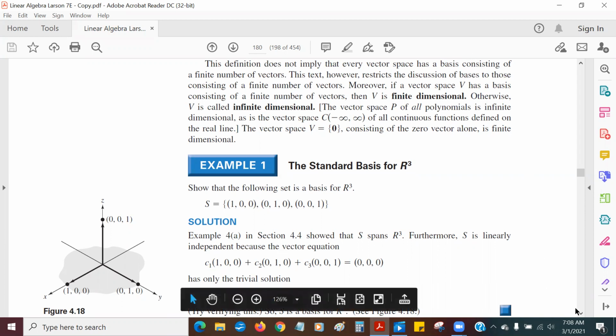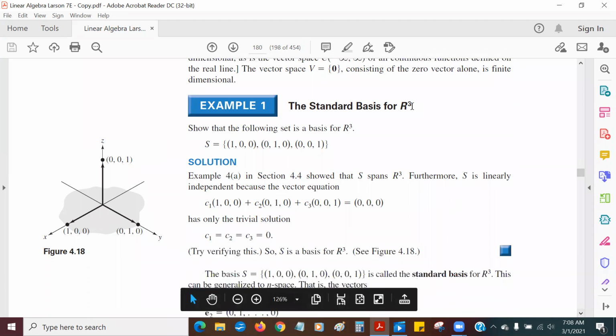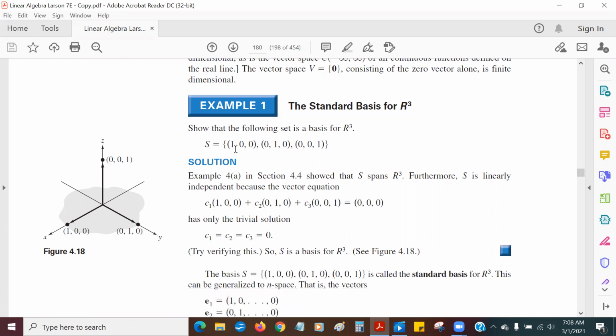I'm never sure how to pronounce the plural of that. Bases. Now, here's the most simple. Let's look at R3. This is pretty much the most simple basis you could ever imagine. I have a set of three vectors here: (1, 0, 0), (0, 1, 0), (0, 0, 1).